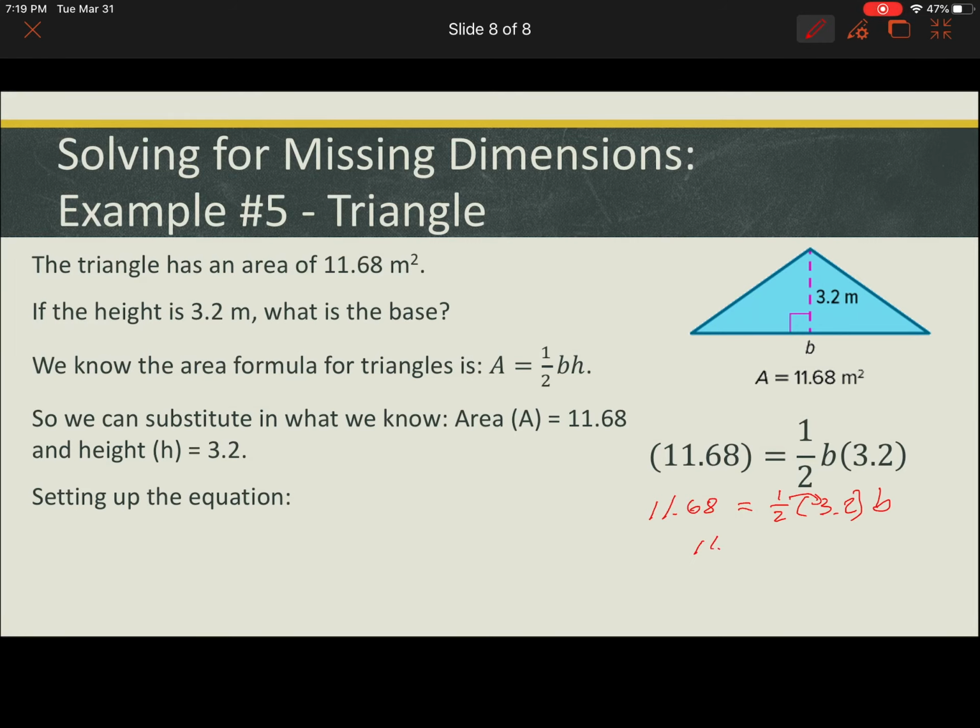That's going to give me 11.68 equals 1.6b. We divide both sides by 1.6. Solving for b, we get b to equal 7.3 centimeters. So this is how we calculate unknown dimensions.